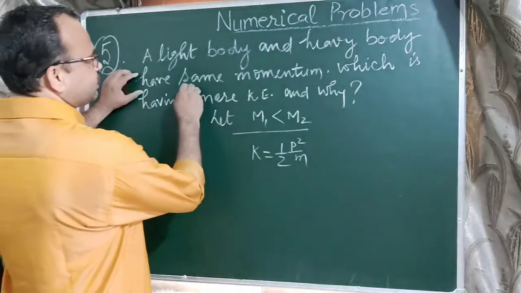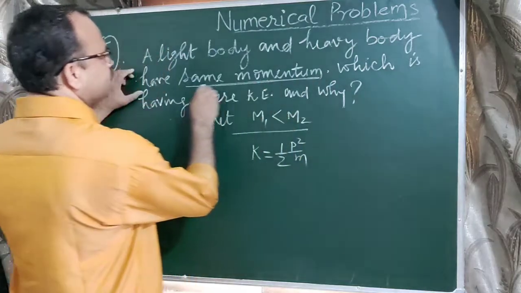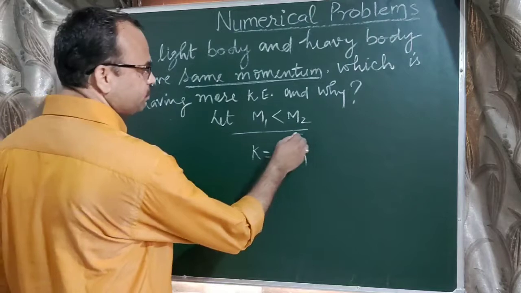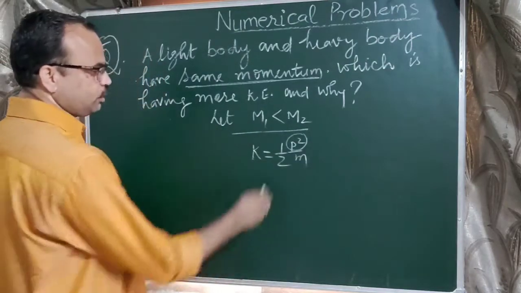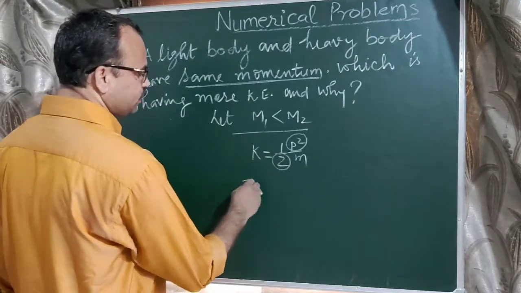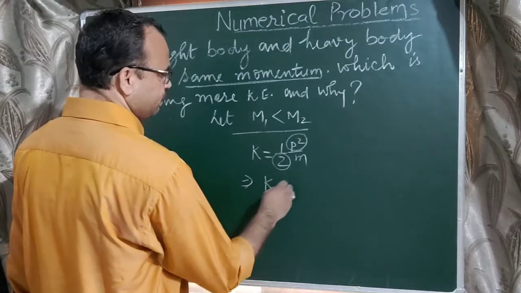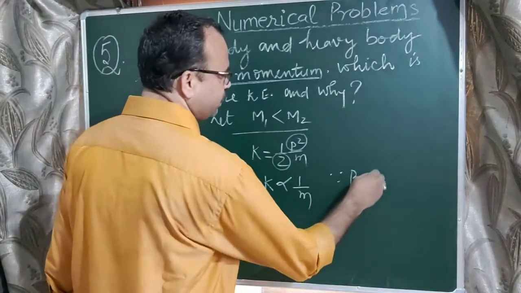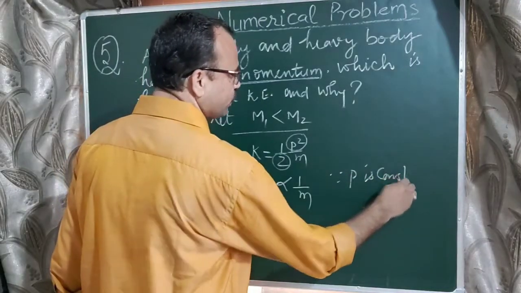It is given that momentum same, light body and heavy body have the same momentum. It means p constant. This implies k proportional 1 upon m, since p is constant. Okay.